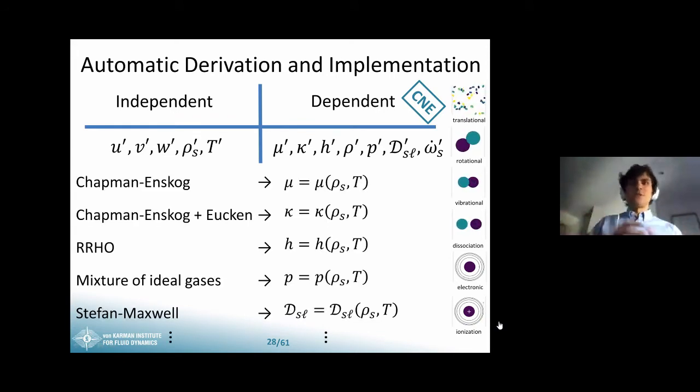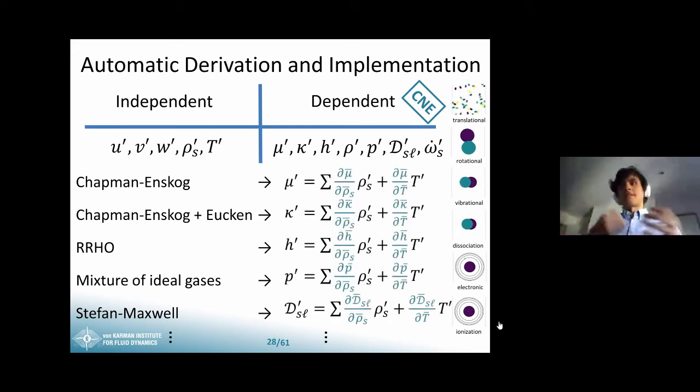So these expressions are no longer straightforward, and obtaining, as we said, these thermodynamic derivatives can be pretty error prone, which is why I developed a specific module of this automatic derivation and implementation tool, which starts off from the actual expressions for all these properties. It then differentiates them analytically and then implements all this into a series of scripts and functions that can be used by the rest of the code.